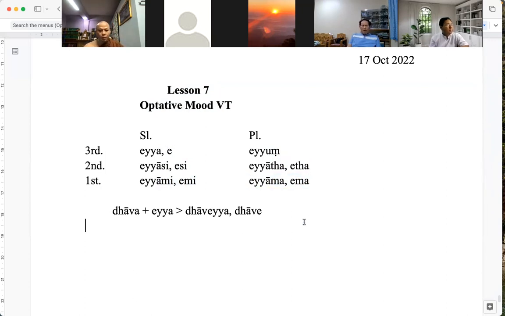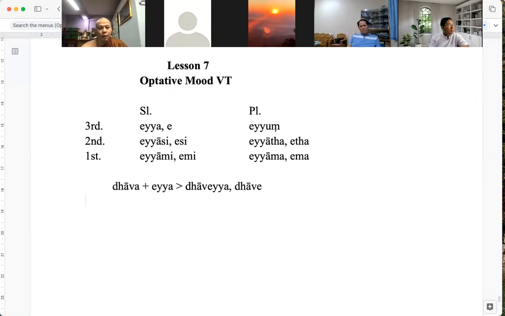Okay, so now we can form this with the dawa base. We will have dawa and the Iya or A, so we have two forms, Dawiya and then Dawi.